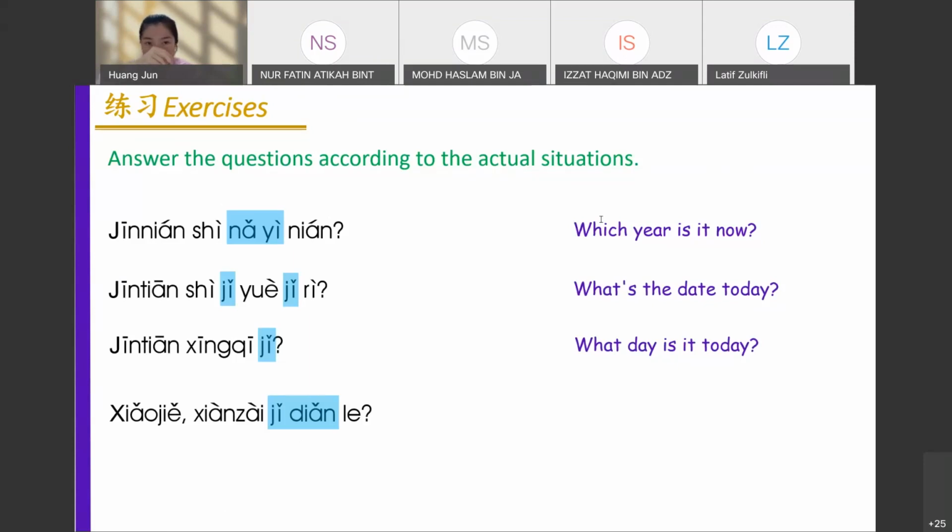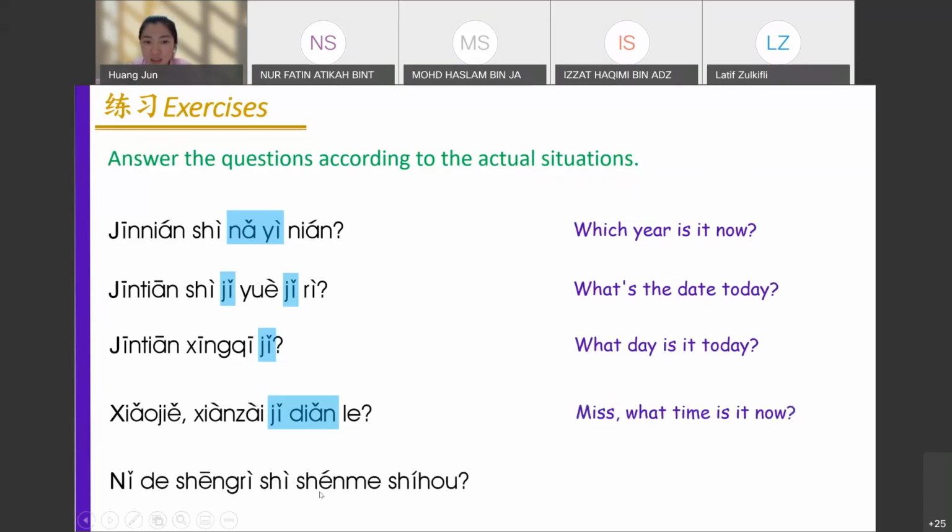Because 小姐 is a form of address when you call someone, for the answer we don't repeat 小姐, because if the person asking is a boy, we cannot answer 小姐. So we don't need to copy the calling. We just answer 现在2:09了.